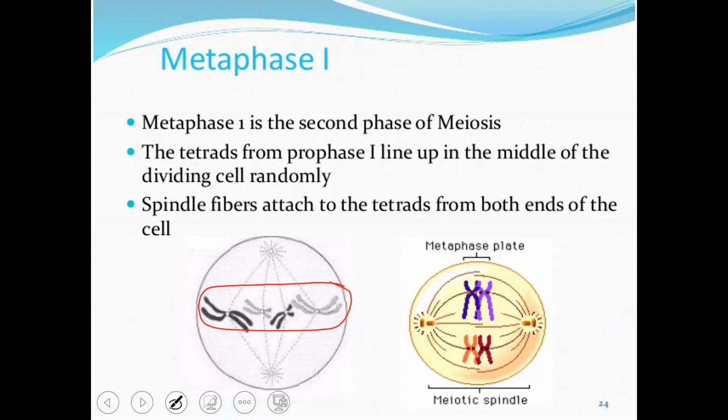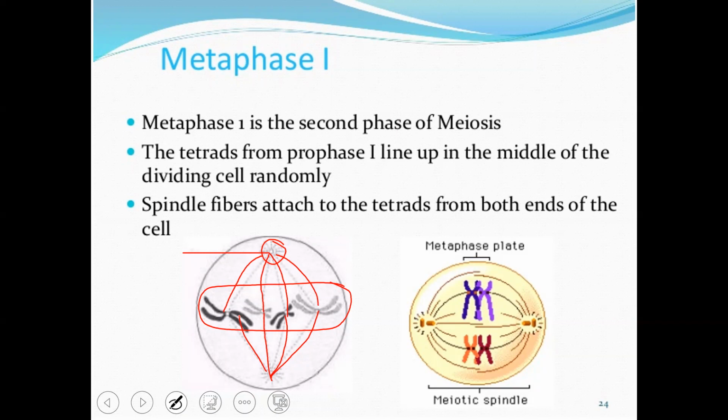Again, on the equatorial plane, also called the metaphase plate, the spindle fibers attach themselves. The spindle formation would have already started in the animal cell from the centrioles. They start forming and then attach to the kinetochores from either of the poles. They may be continuous, discontinuous, or they may not reach the poles, or they may reach only one of the poles.